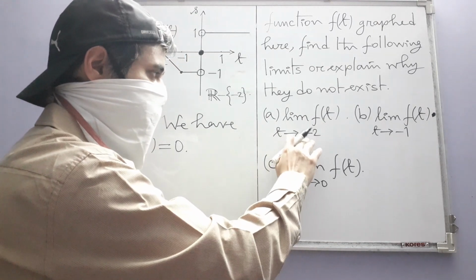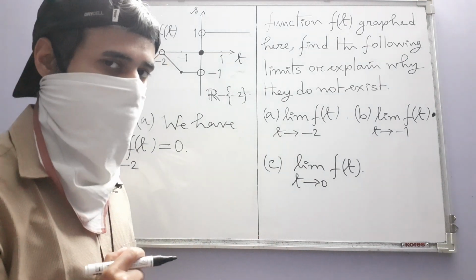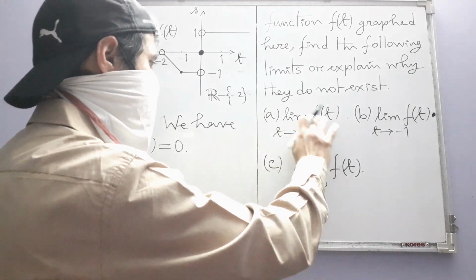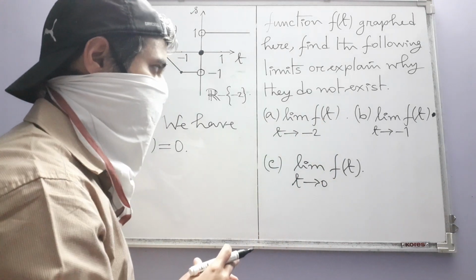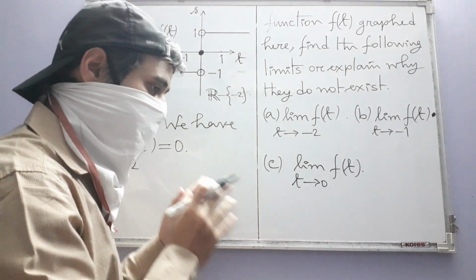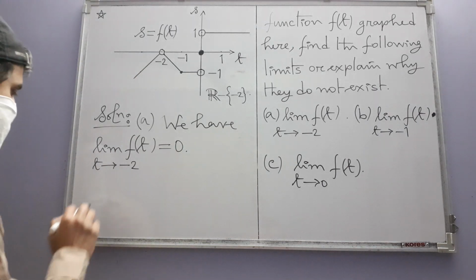In this case, f is not doing anything at -2, but still the limit exists, because the limit is all about what is happening around -2, close to -2, but has nothing to do with what happens at the point -2. Okay, so that is part A.